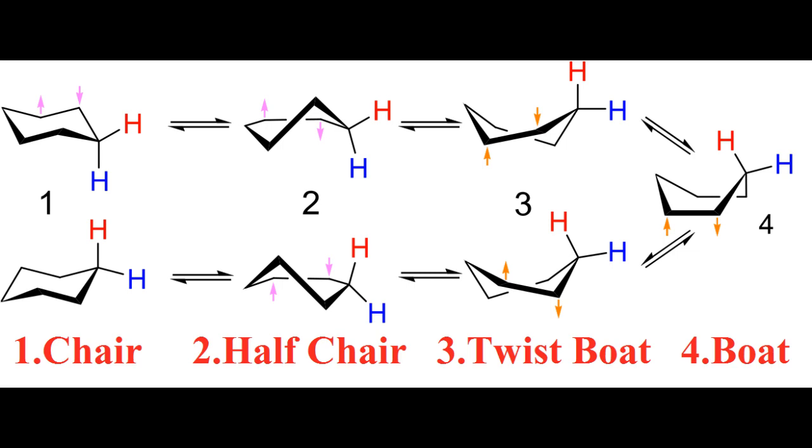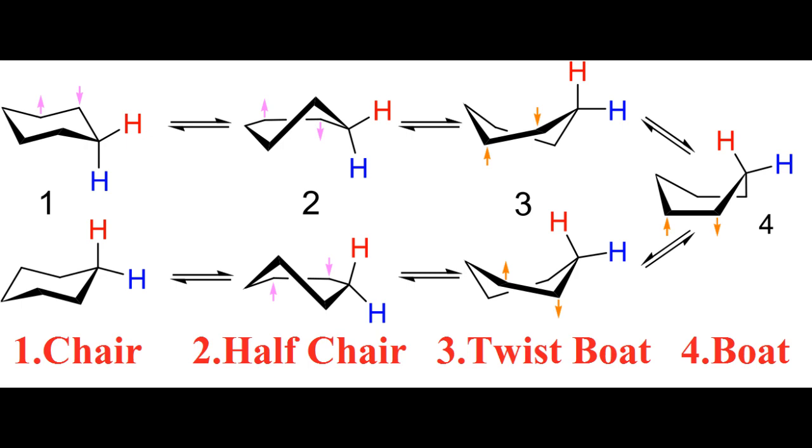You see, in the first operation, from chair to half chair, the equatorial hydrogen remains equatorial in the next half chair form.